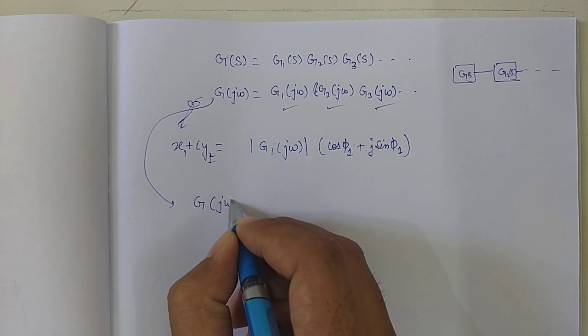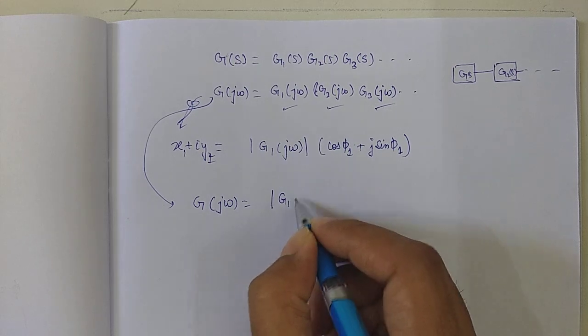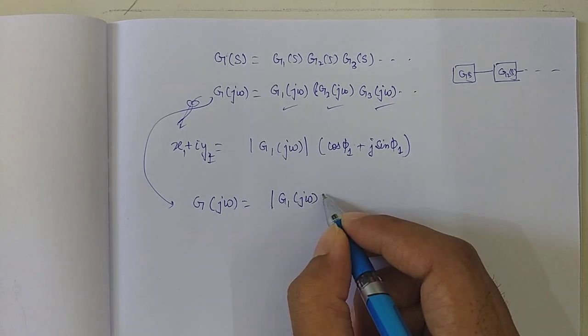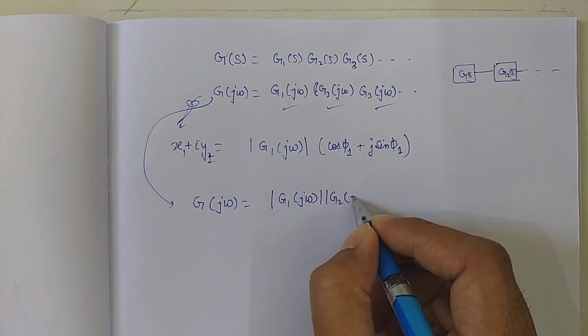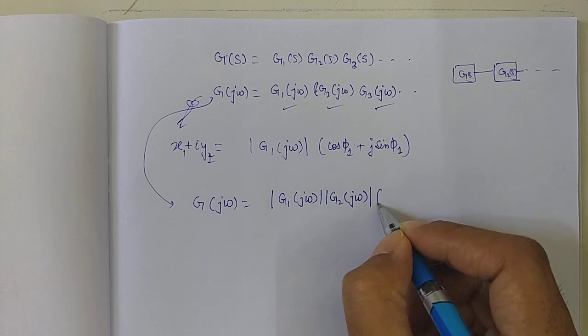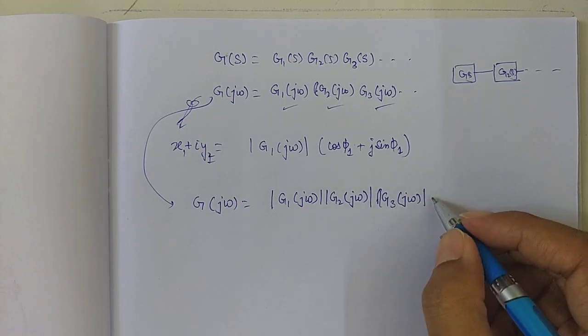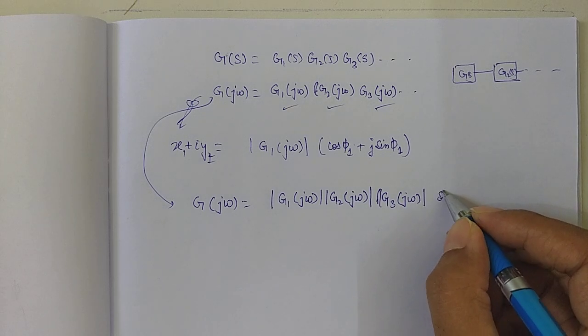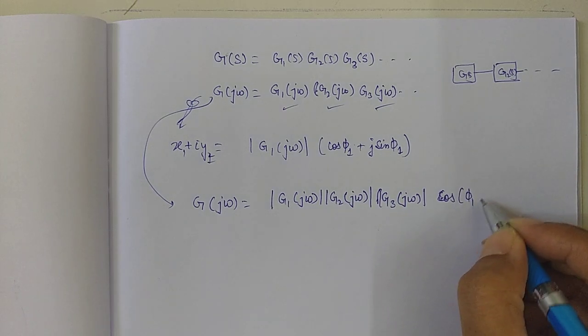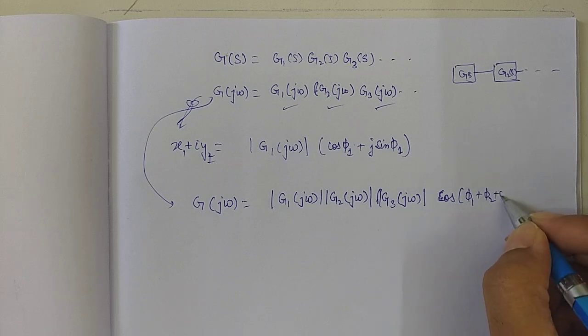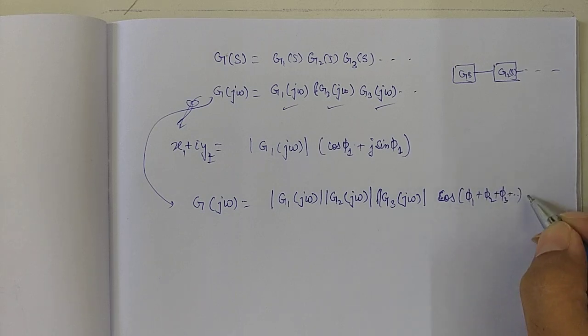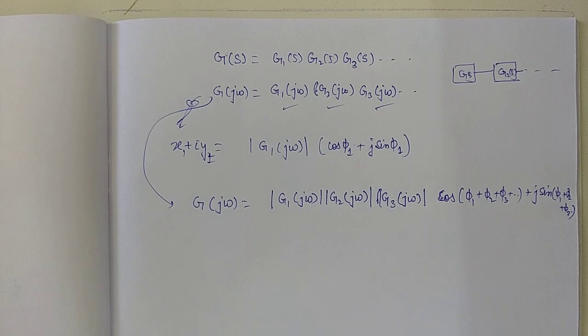We can write G(j omega) as the magnitudes of G1(j omega), G2(j omega), G3(j omega) times cos of phi 1 plus phi 2 plus phi 3 plus so on, j sin of phi 1 plus phi 2 plus phi 3 and so on; all the angles will be added.